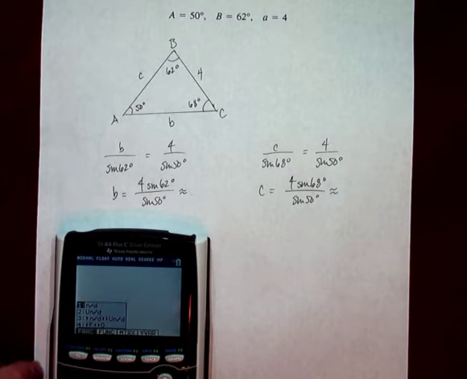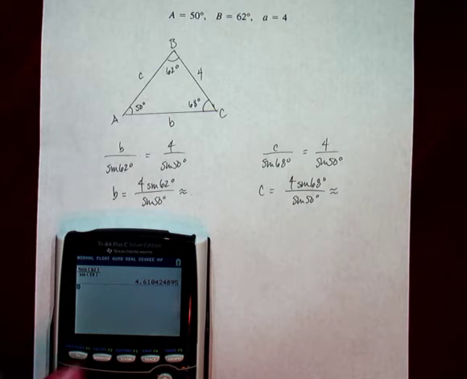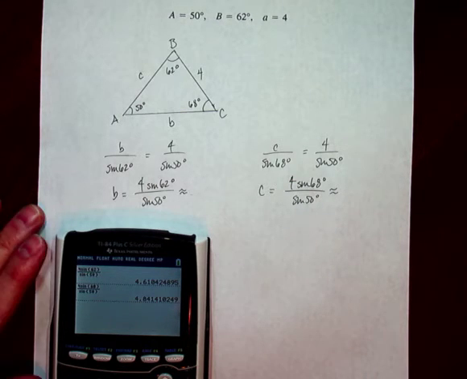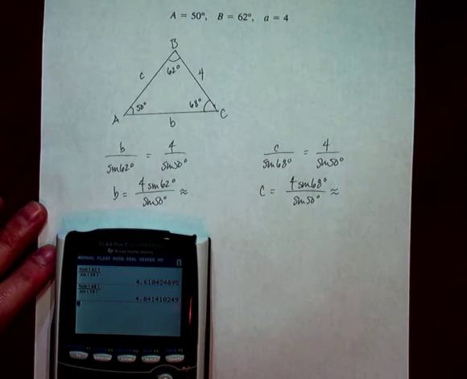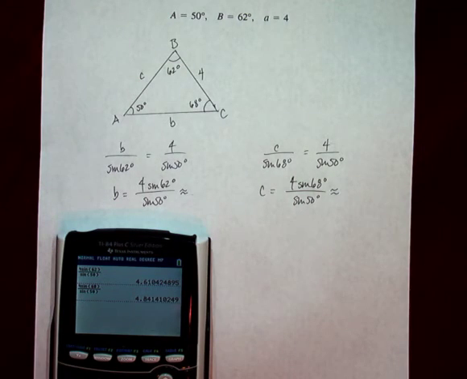And boom. Okay, 4 sine of 62 degrees over sine of 50 degrees. And then we get 4 sine of 68 degrees over sine of 50 degrees. Boom. And they're both between 4 and 5 because the angle measurements are not that far off. It's not like 20, 30, and then 130, right?